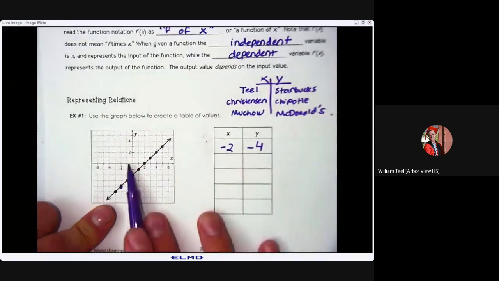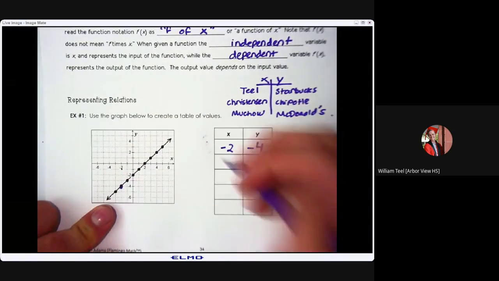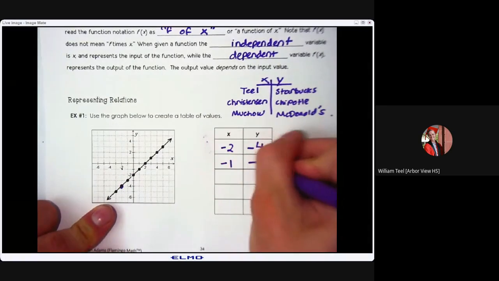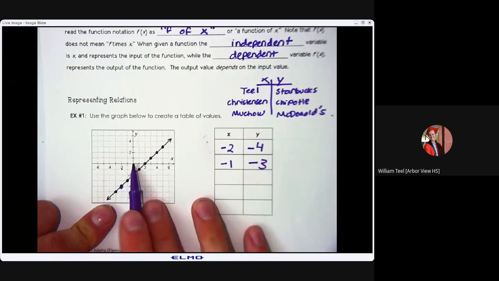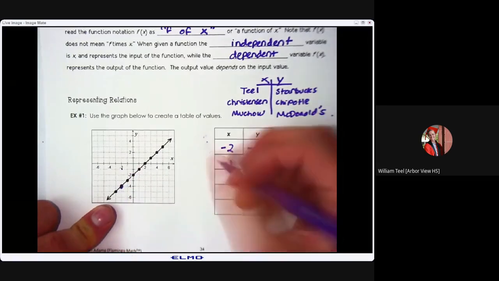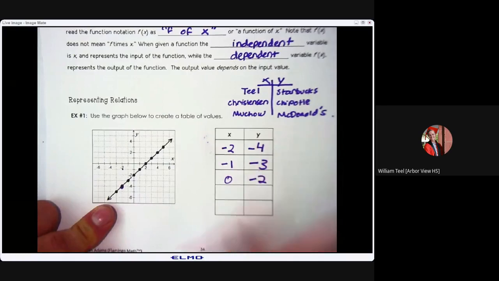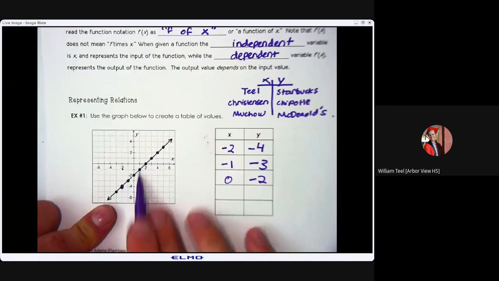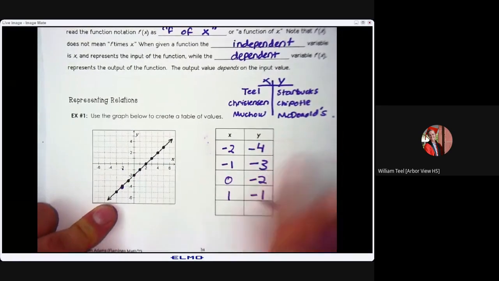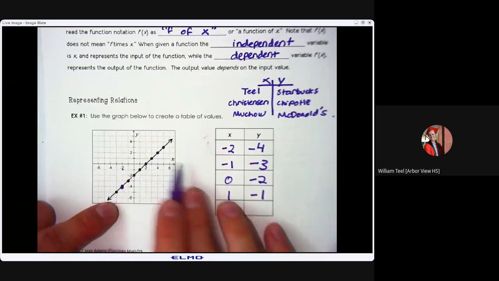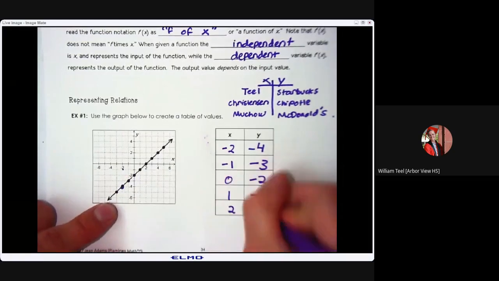Then at -1, I have (-1, -3). At 0, I have my y-intercept at (0, -2). Then at 1, I have (1, -1). And at 2, this is my x-intercept, I have (2, 0).